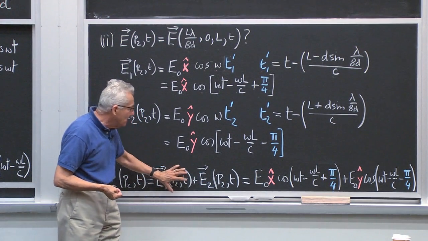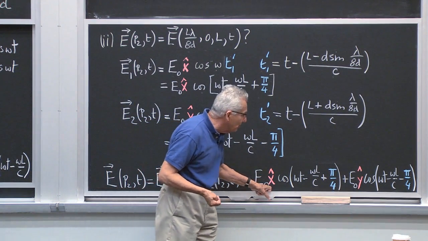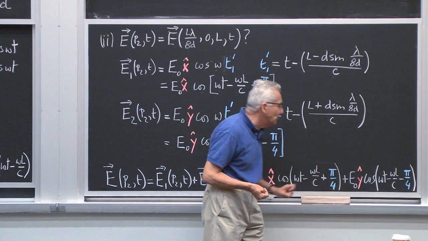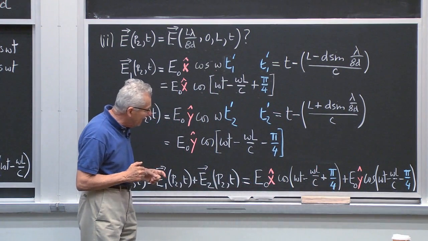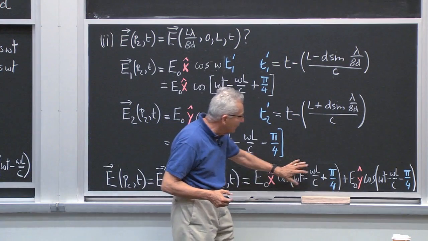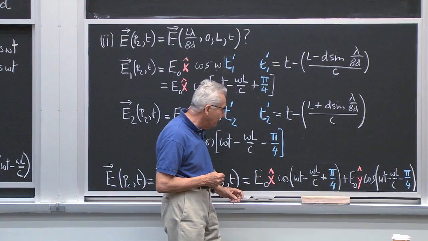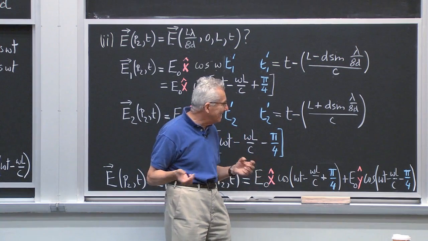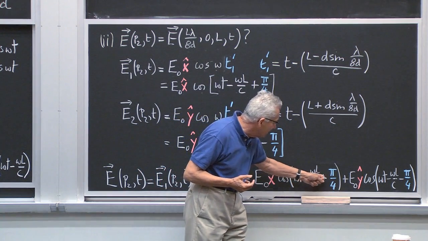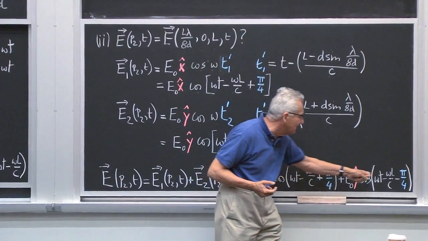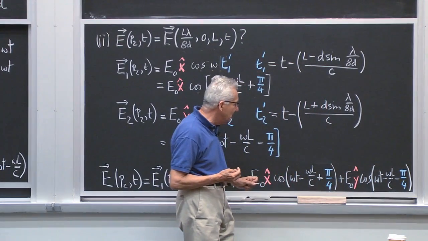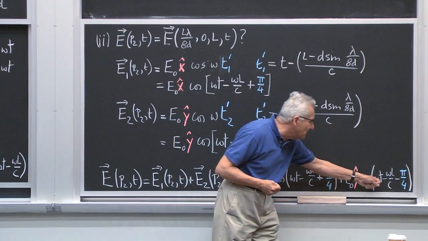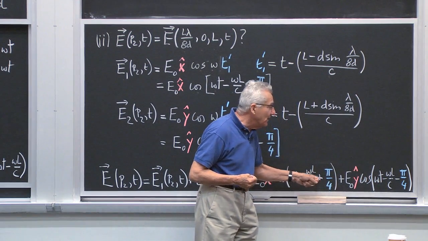This is in the x direction, this is in the y direction. And so what we have at that point is two oscillating electric fields. They are oscillating coherently, but out of phase. This is a plus pi over 4 phase. This is a minus pi over 4 phase. So the difference of phase between those two is pi over 2.